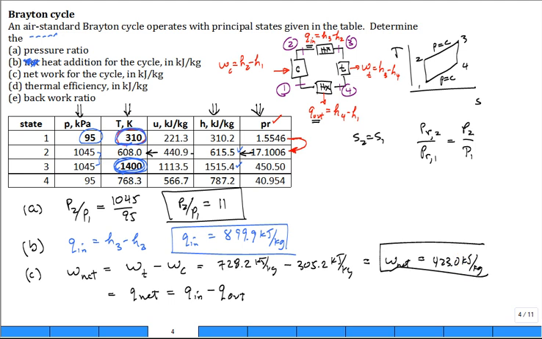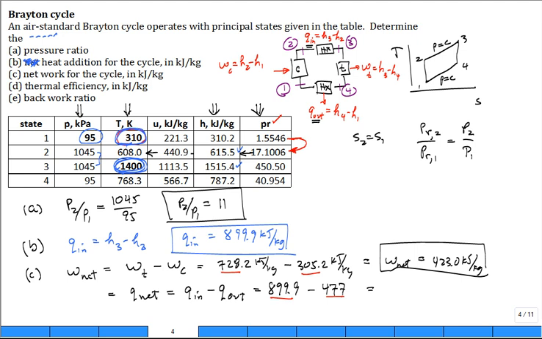And I think it's really helpful if you say, okay, well, is this consistent? We already got Q in 899.9 kilojoules per kilogram. What is Q out in the other heat exchanger? 477. It sure doesn't look like this number minus that number is going to be the same as this number minus that number, does it? But it is. It is. Okay? Good. So that's part C.